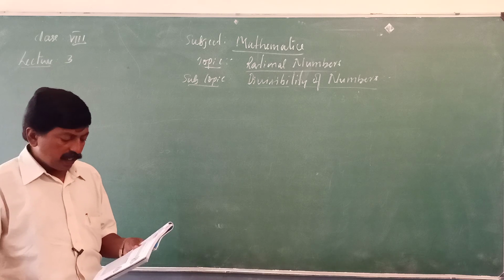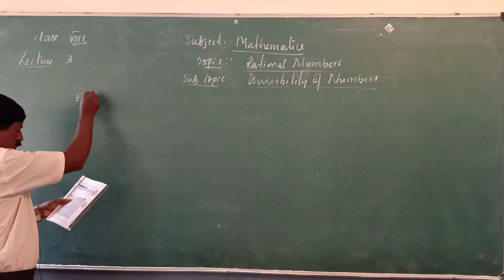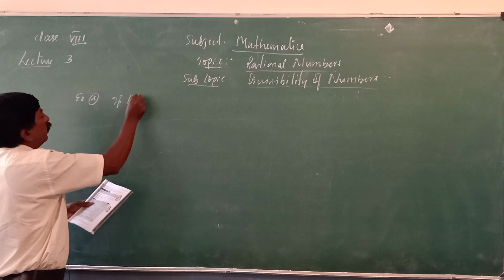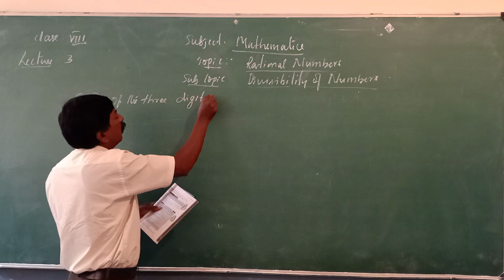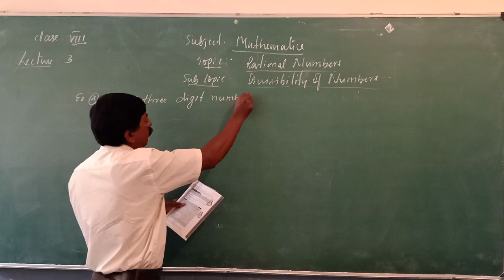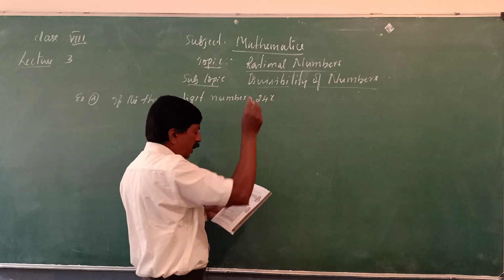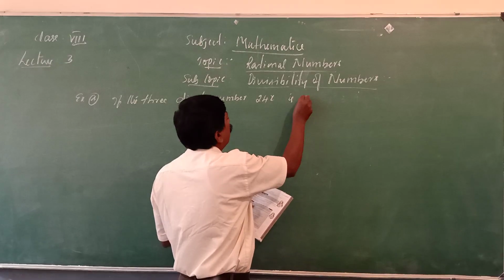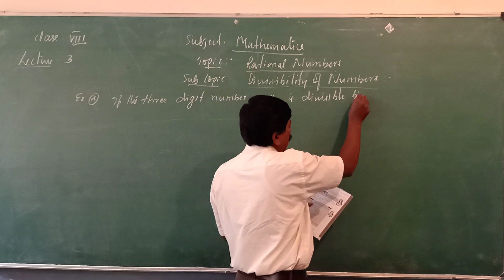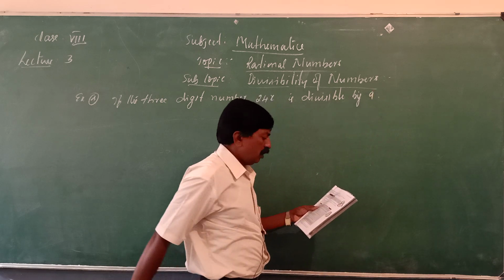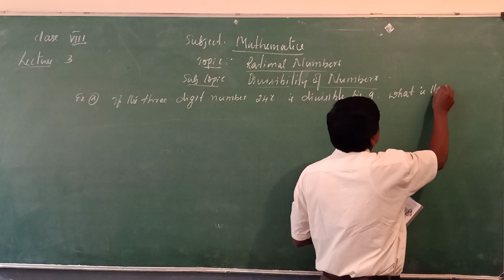Some exercise problems are given. Example four: if the 3-digit number 24x, which means the units, tens and hundreds places, is divisible by 9, what is the value of x?